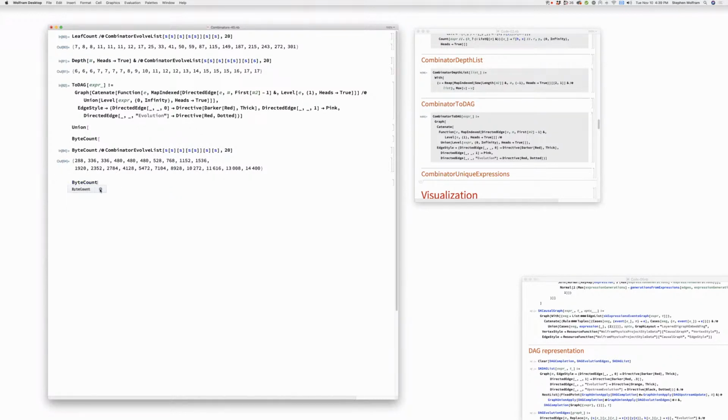I mean, this is a hack, so I'm not sure we really want to use it, but oh, actually, that's interesting. Byte count does not take account of any sharing of subexpressions. The result it gives assumes that every part is stored separately.